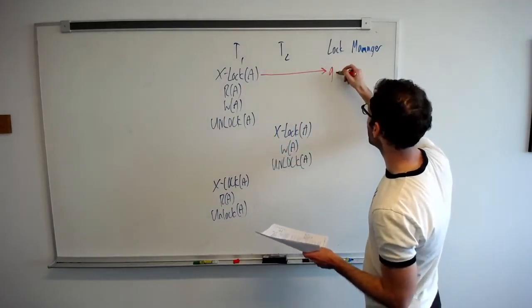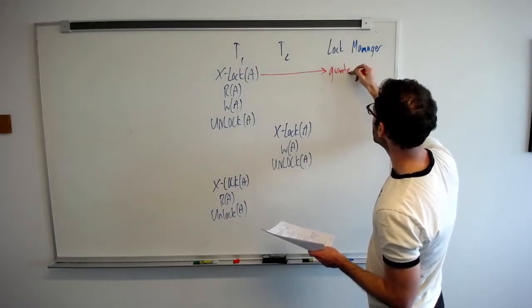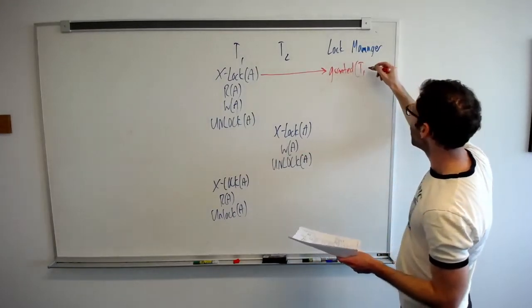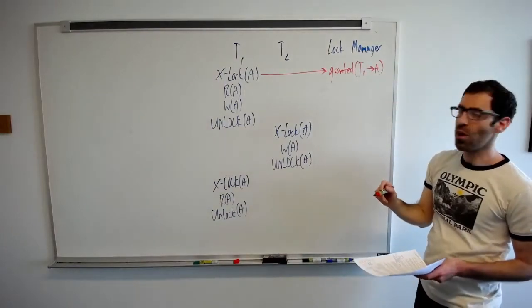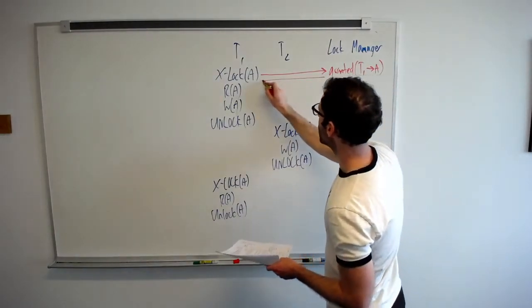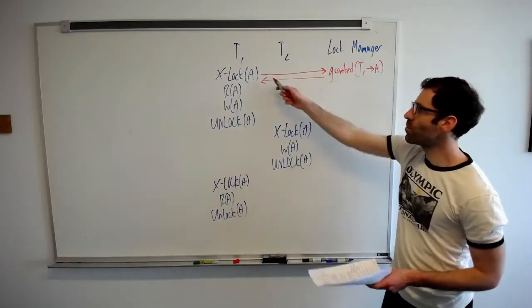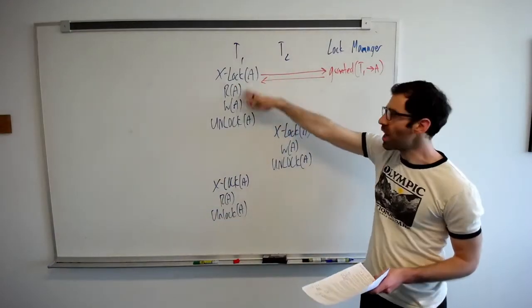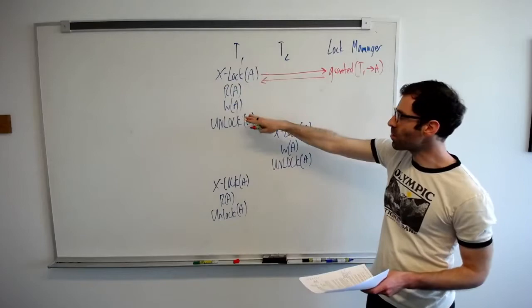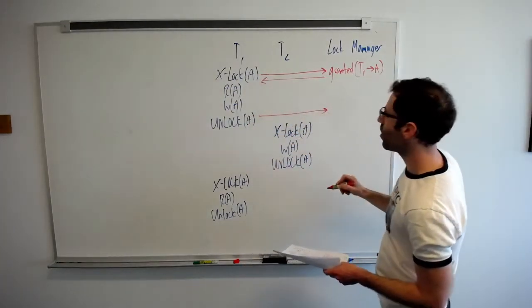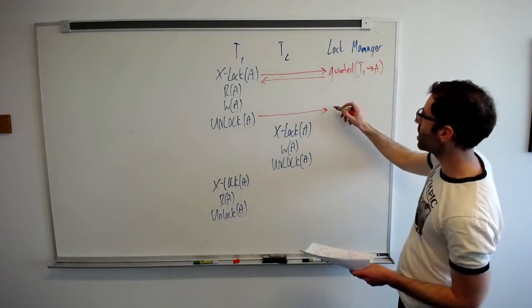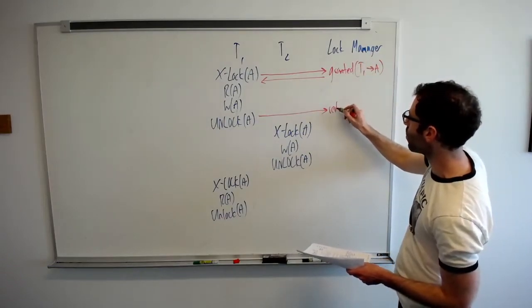And so we'll say, we have granted T1 an exclusive lock on A, and then it returns to T1, and T1 is able to acquire the lock and proceed. When it unlocks A, it again goes to the lock manager.